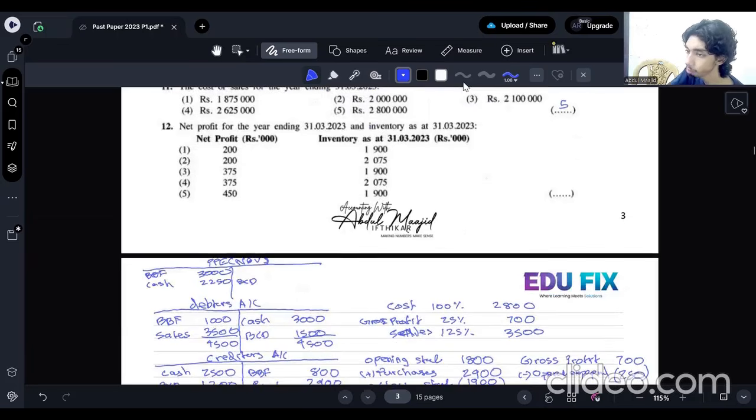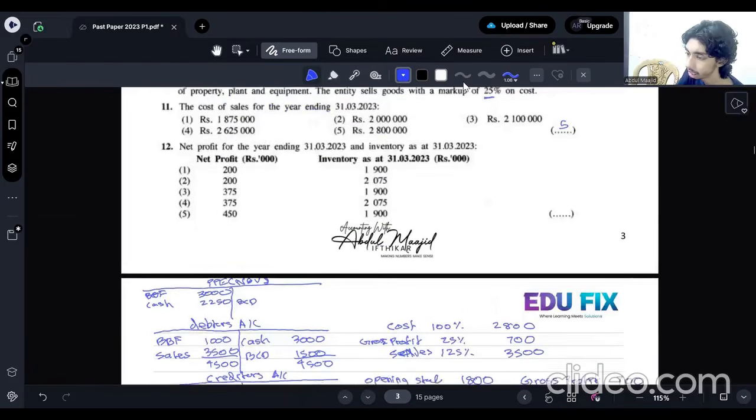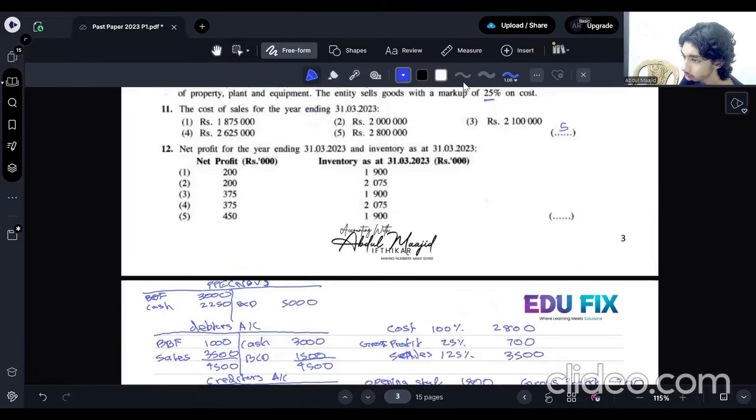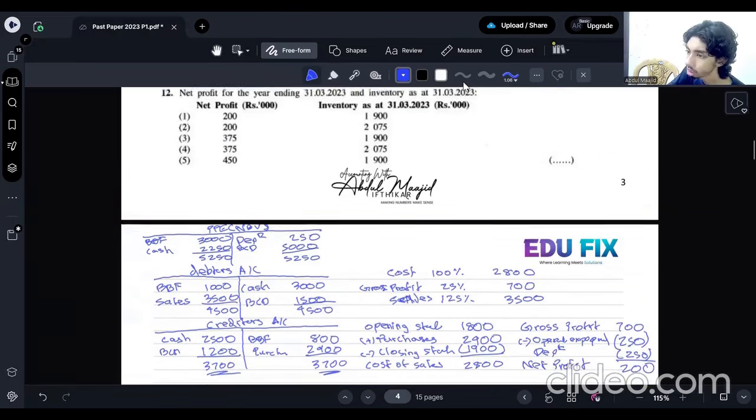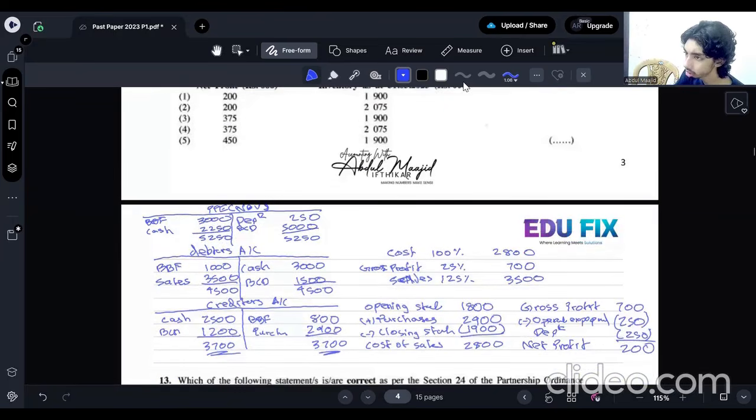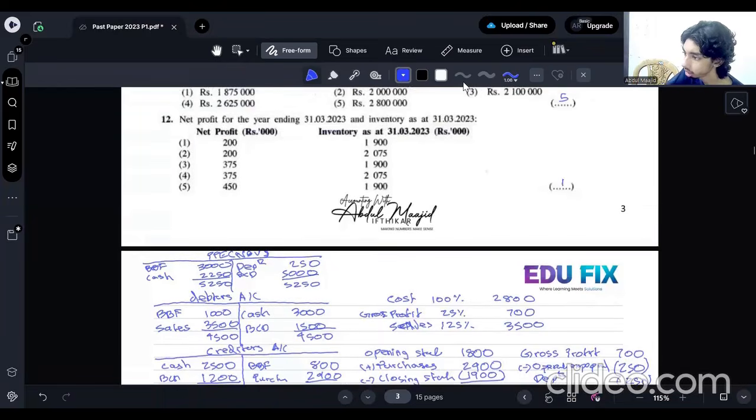The closing balance of PPE is given as 5 million. Then when you balance off, you can find the depreciation amount: 5250 minus 5000, depreciation is 250. Minus depreciation 250, then you can get your net profit as 200. So net profit 200, closing stock 1900. That is answer number 1.